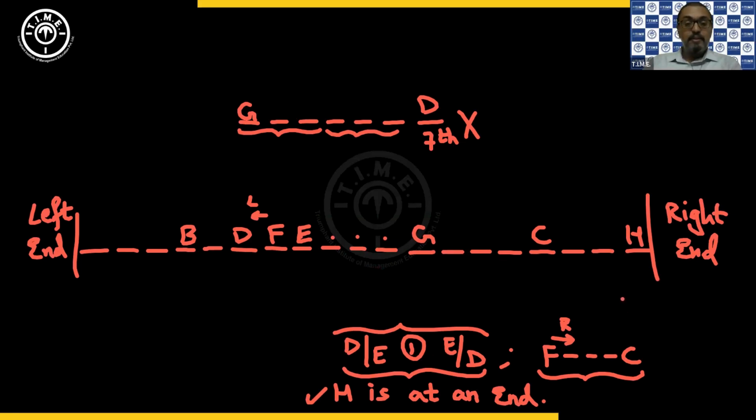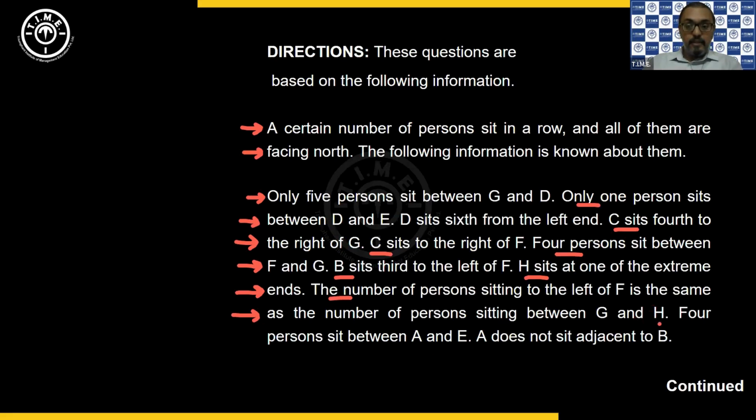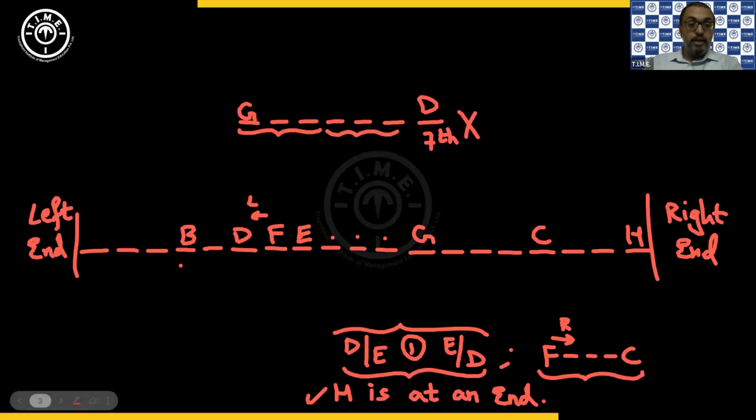Then 4 persons sit between A and E, and A does not sit adjacent to B. So you can rule out A in the adjacent positions of B. Since 4 persons sit between A and E, A will be placed adjacent to G, because adjacent to B you cannot have A. This is how we get our final arrangement.